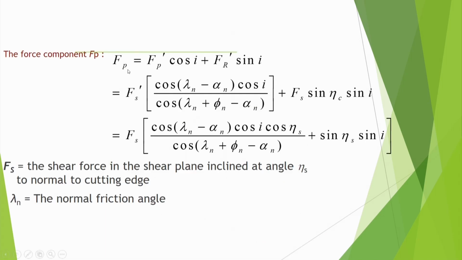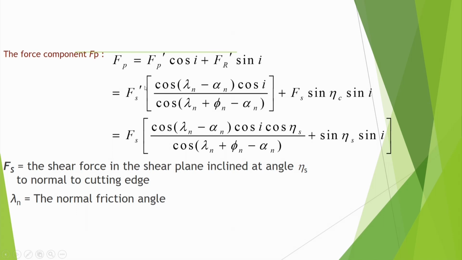So the total force component Fp can be written as Fp dash cos I plus Fr dash sin I, and if we put it in terms of the orthogonal shear force in the shear plane inclined at an angle eta S to the normal to the cutting edge, and lambda n is the normal friction angle.